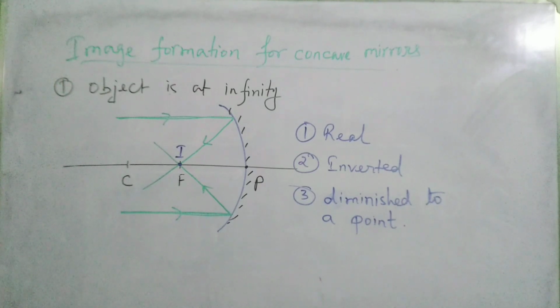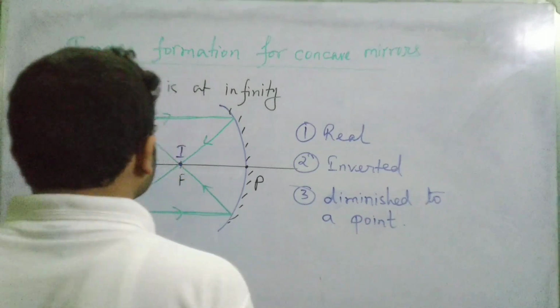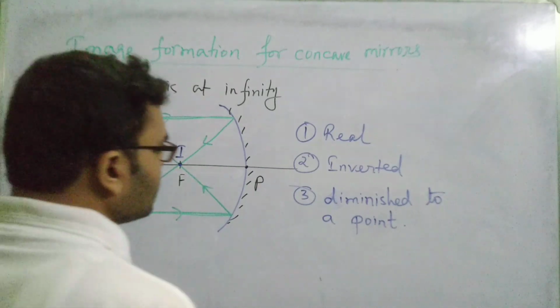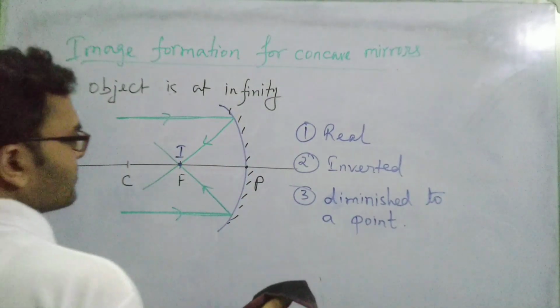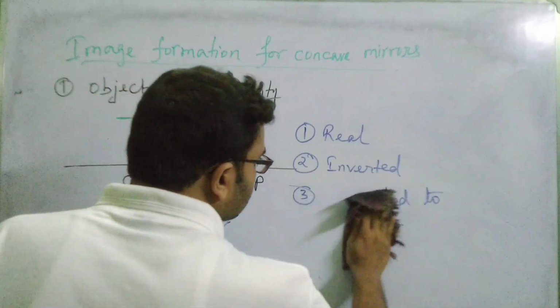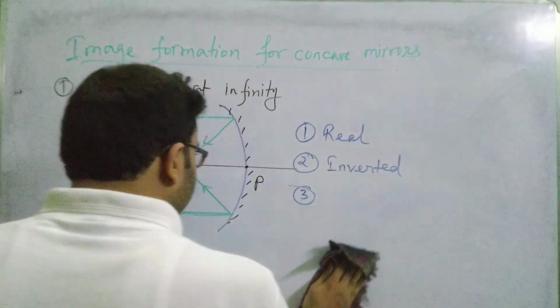Okay. Now the next figure that we are going to talk about is when the object is kept in between the center of curvature and the focus. In that case, what happens? Let us see. Okay. I will not be erasing the first 2 points, as those 2 points will remain the same.